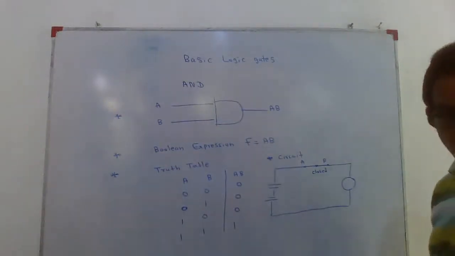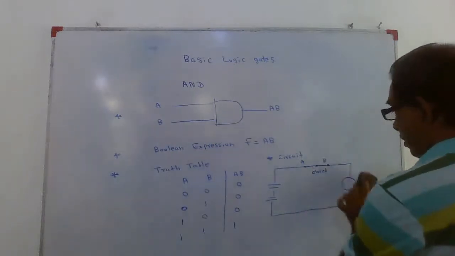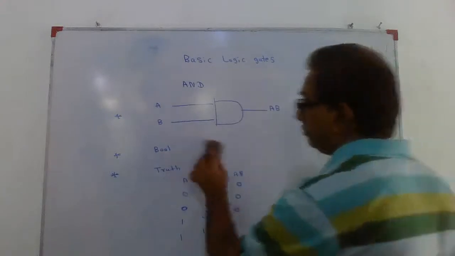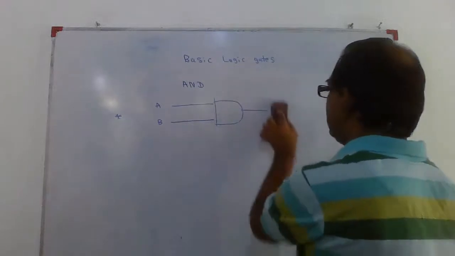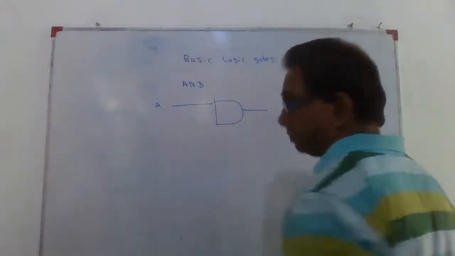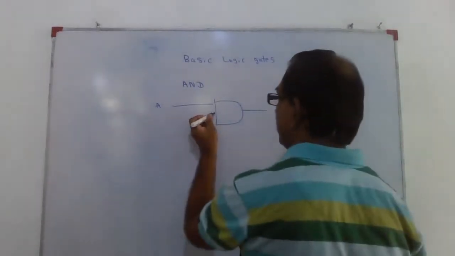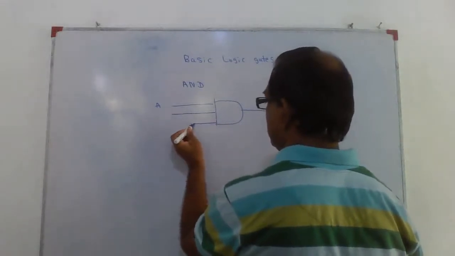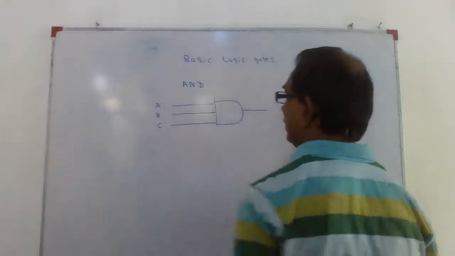But I want to show you something. Suppose, what may happen if we input 3 values, A, B, and C?